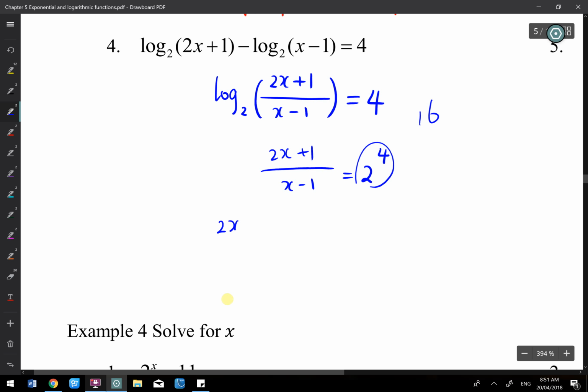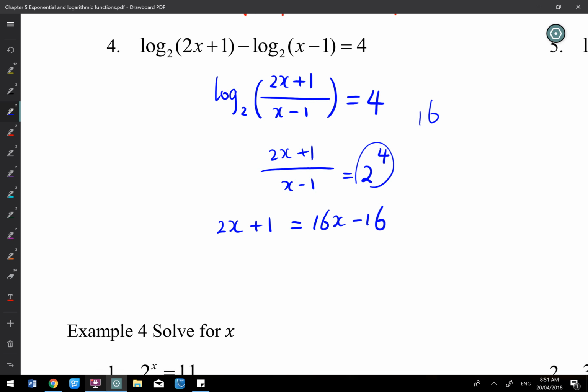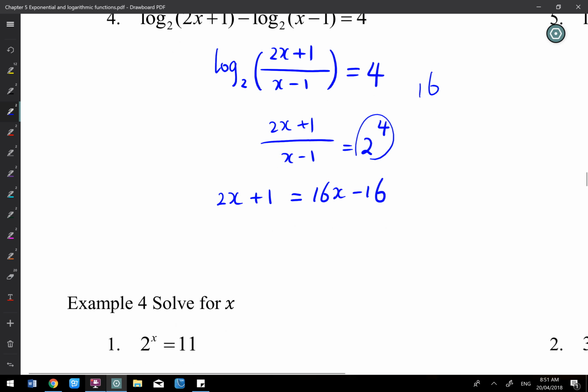So we times the denominator on both sides. So 2x plus 1 equals 16x minus 16. We times 16 times x minus 1 on both sides. I have 16x minus 16 on one side.